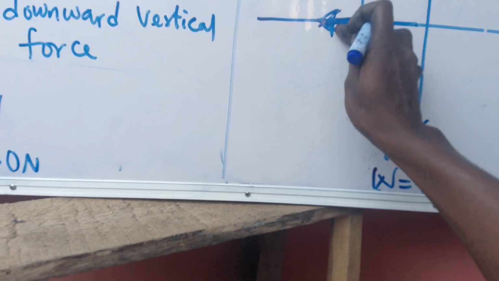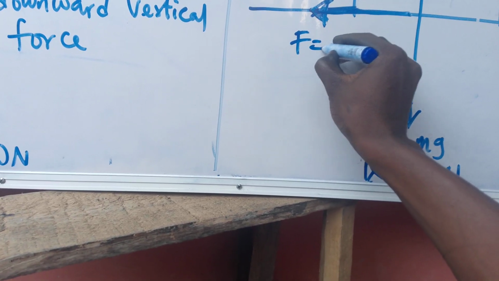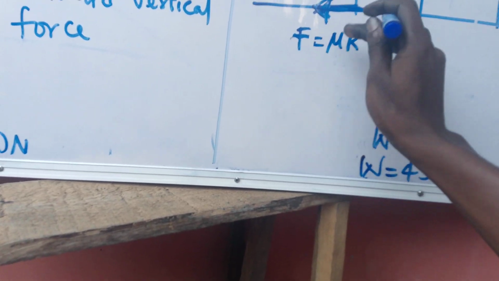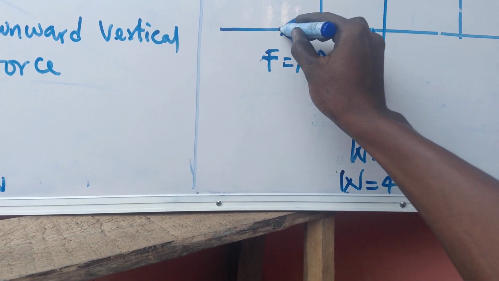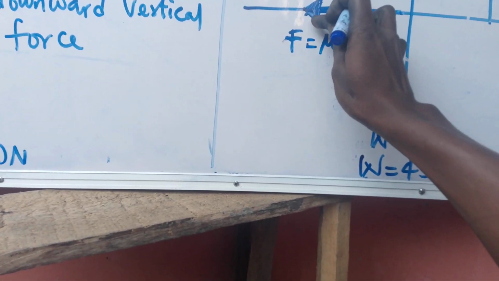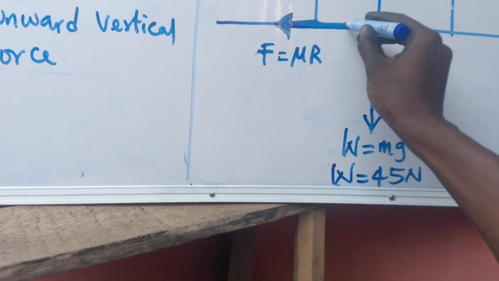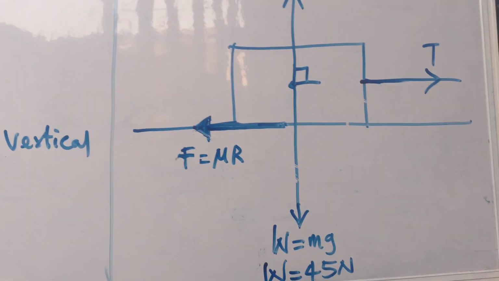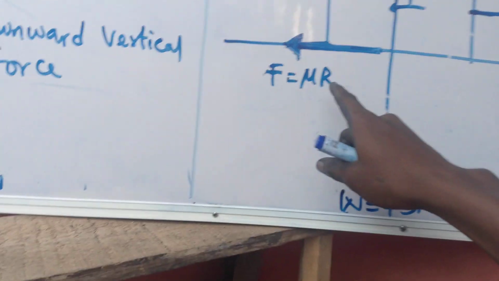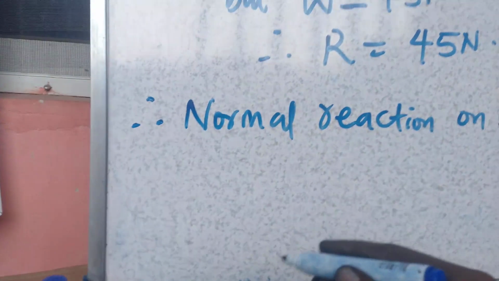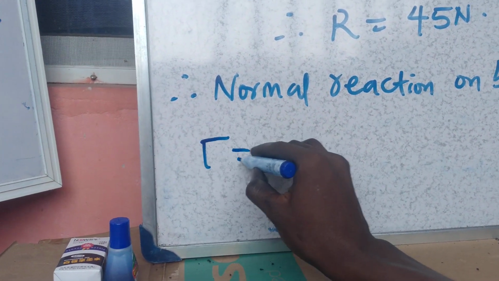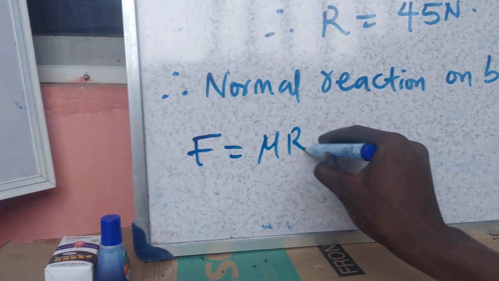That is F equals mu R. Friction force is equal to mu R. It will act opposite the direction of motion, and it will occur between two surfaces in contact. So to obtain the friction force, F will be equal to mu R.